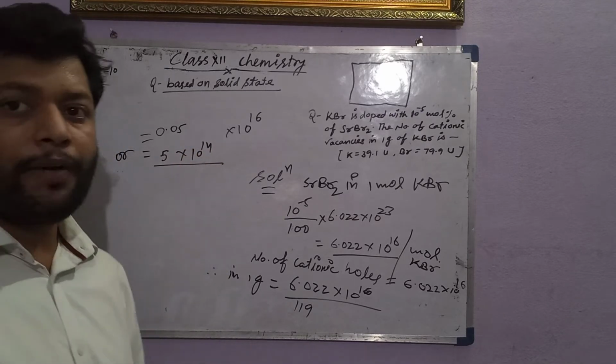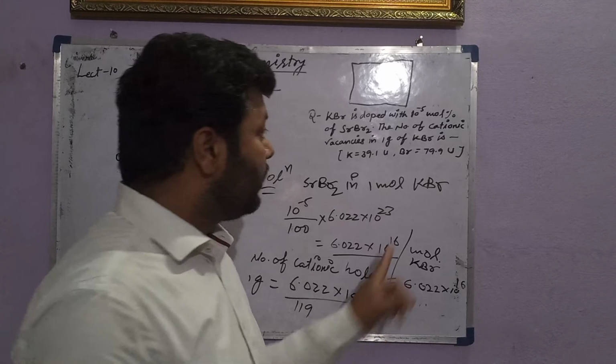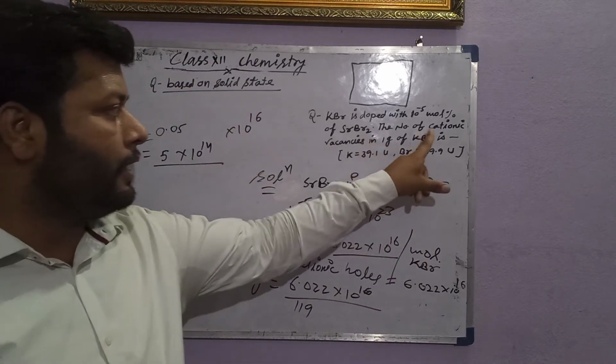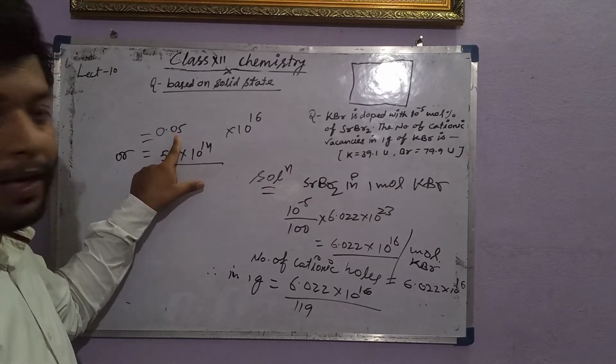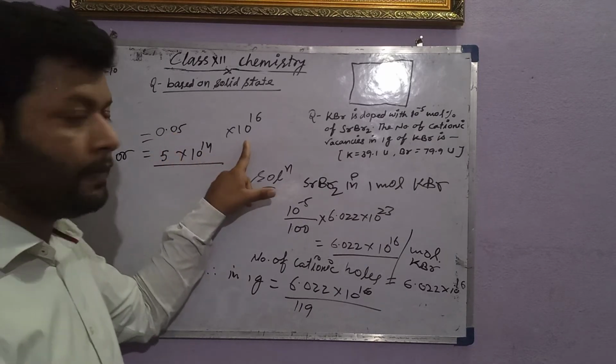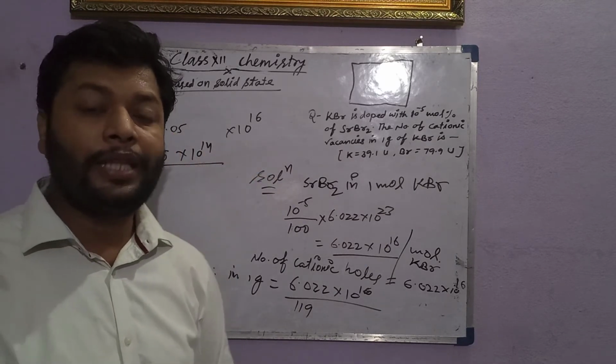So the answer for the cationic vacancy in 1 gram of KBr is approximately 5 into 10 to the power 14.